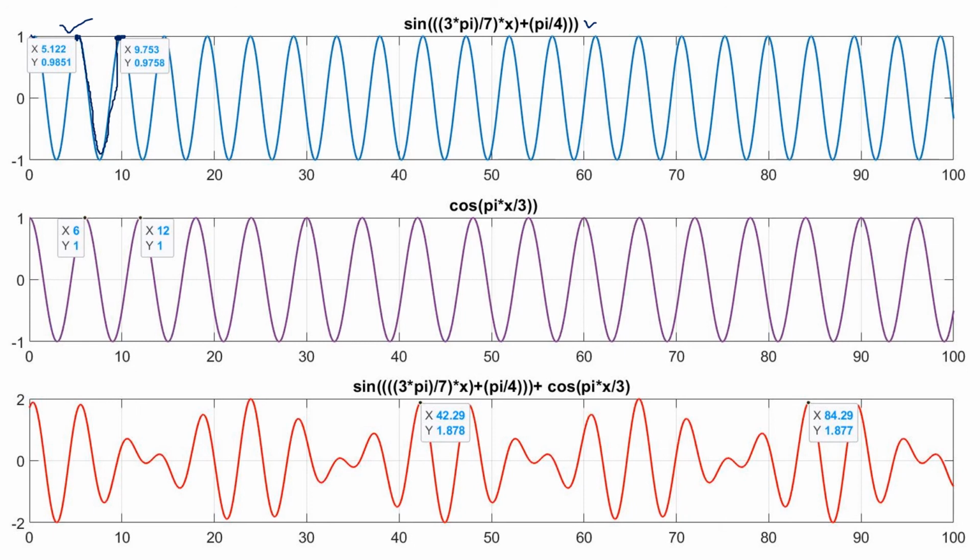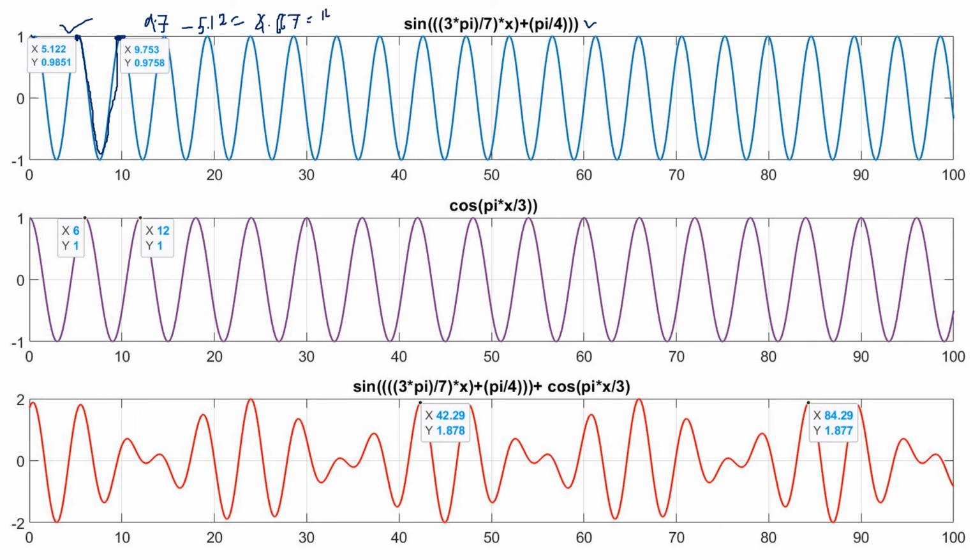Take the x-axis values, 9.7 minus 5.1. If you take the exact values 9.753 and 5.122, this comes out to be 4.667, which is basically 14 by 3.